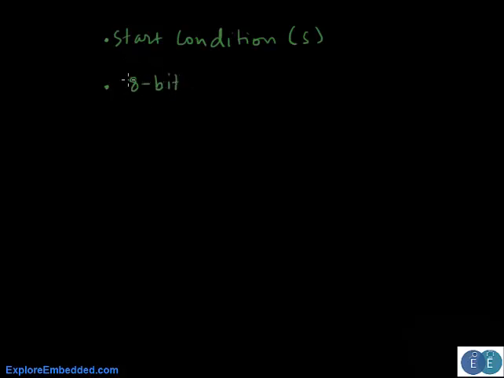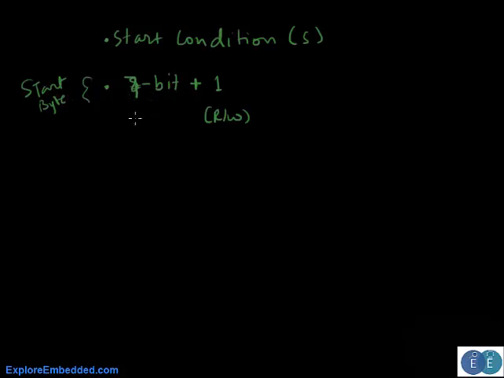Out of the 8 bits, the device address is 7-bit, and all the data transfers that we'll be discussing are 8-bit bytes. So the 7-bit address plus 1 bit, which is called the read/write bit, is transmitted first, and this is called the start byte. So this was the start condition, and this is the first byte which is sent. This is called the start byte.